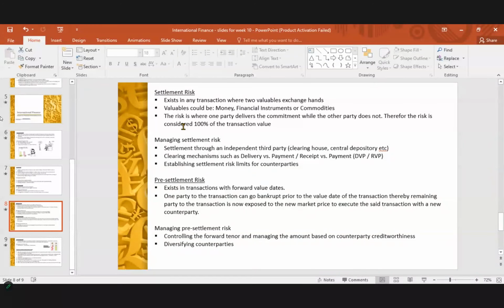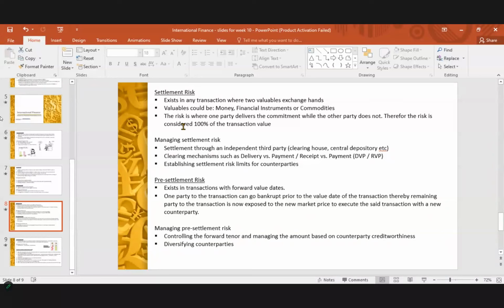And then an advanced method is a net settlement system, right? All your liabilities, payables and receivables are netted out against each counterparty, and the net amount is the one which is settled. That also can happen.